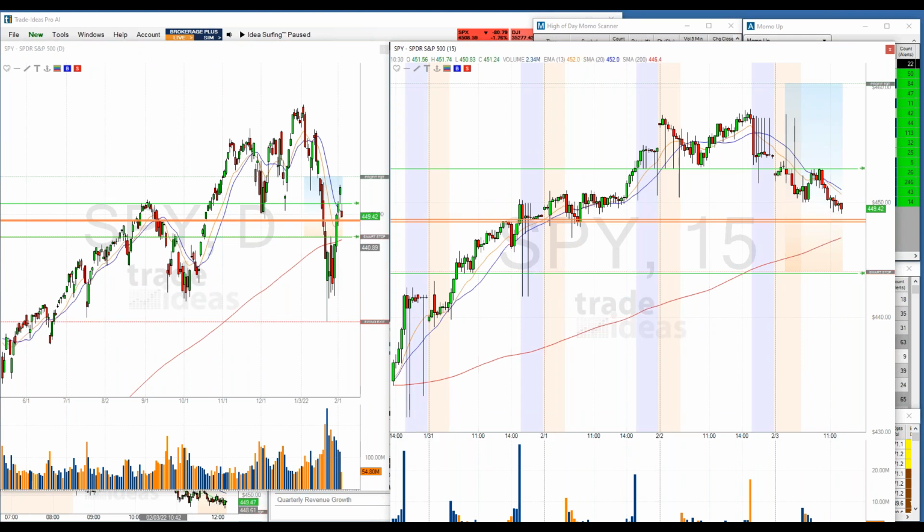So let's say the first one is the overall trend, right? If we're looking at this morning, let's say we go back to yesterday. The overall trend yesterday, we had a gap up. Today we have a gap down. So that's the second one, the market direction.